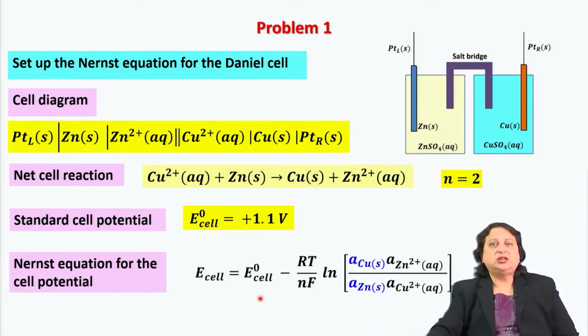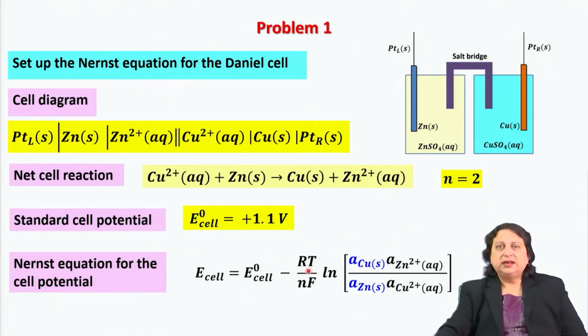So, the cell potential will now be given by the standard cell potential minus R, that is the universal gas constant, multiplied by the temperature at which you are measuring the cell potential, divided by nF. So, what is n? n is the number of electrons transferred to achieve the net cell reaction. F is the Faraday constant. And then I have taken a logarithm of what is known as the reaction quotient.